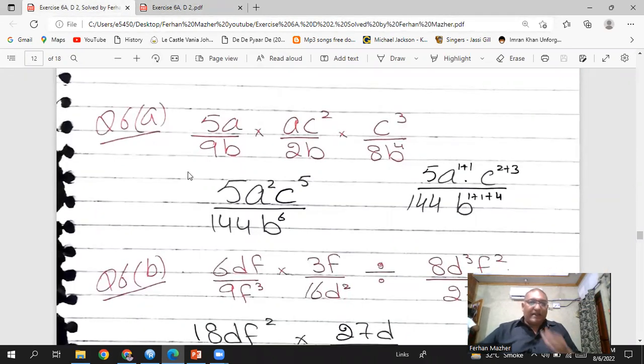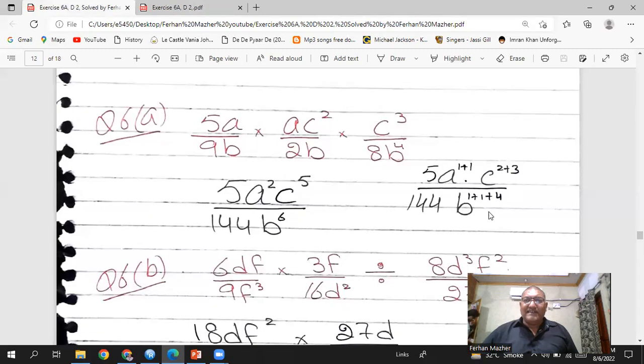So on your screen, the solution is coming up. The numerators will multiply with the numerators and the denominators will be multiplied with the denominators. So here you go, you will have 5, a squared multiplied by c raised to power 5. You add these powers.